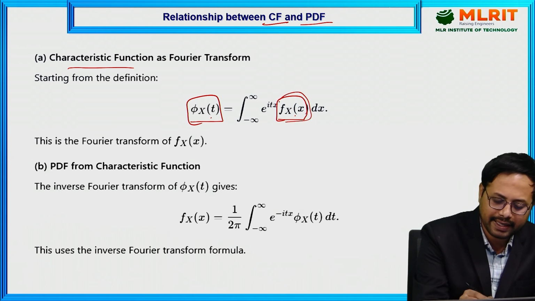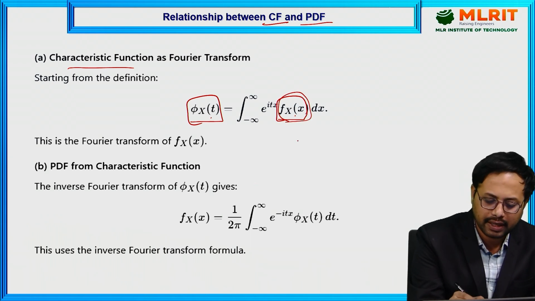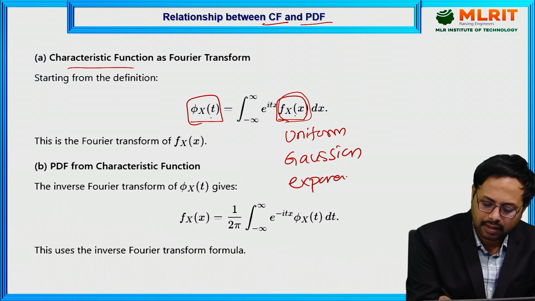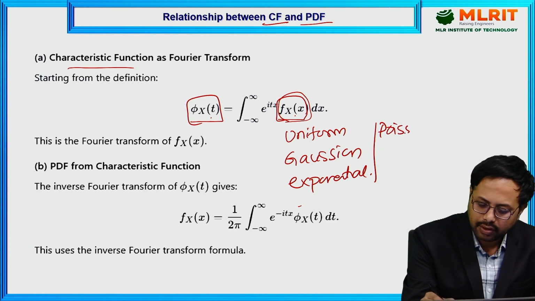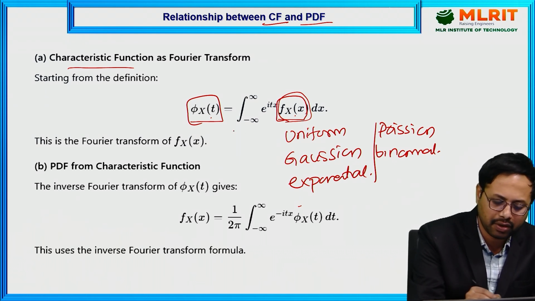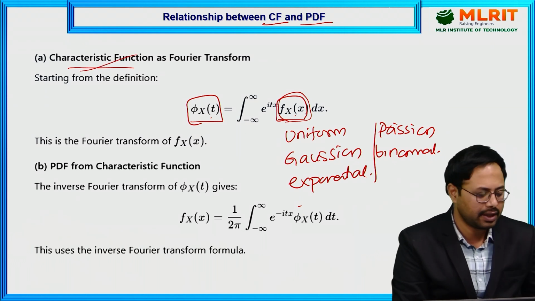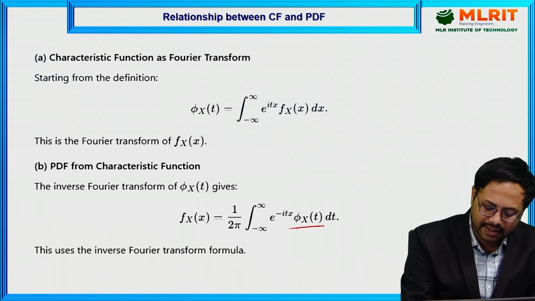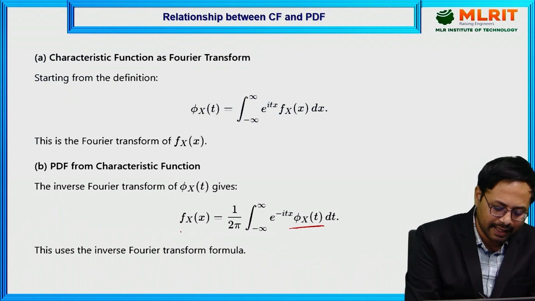It may be uniform, Gaussian or exponential, or Poisson or binomial. These are some examples, or it may be any other function, and they'll ask you to calculate the characteristic function of that particular random variable. Similarly, they will give the characteristic function and ask you to calculate the density function.